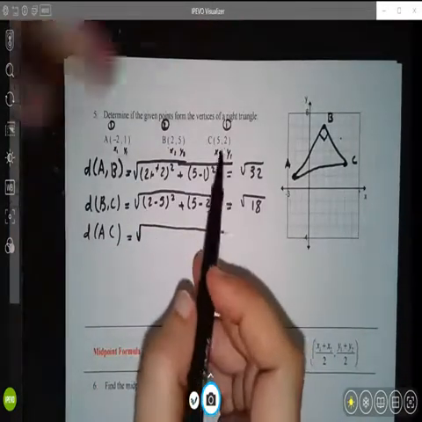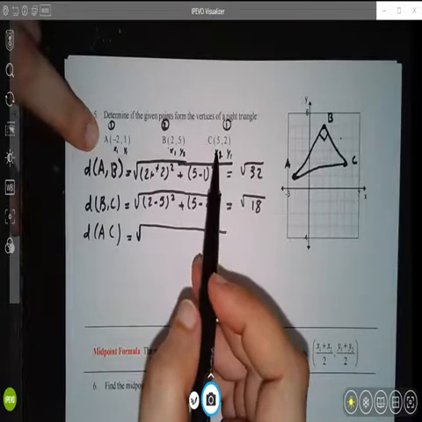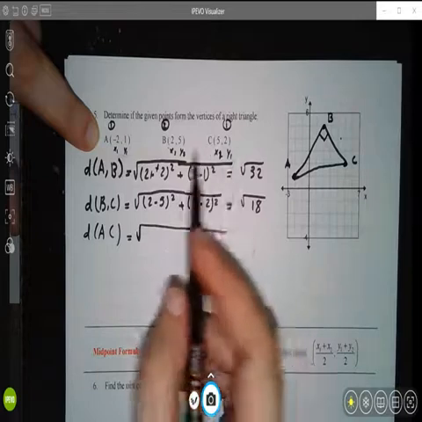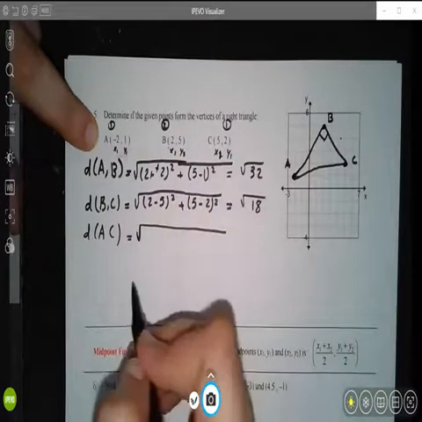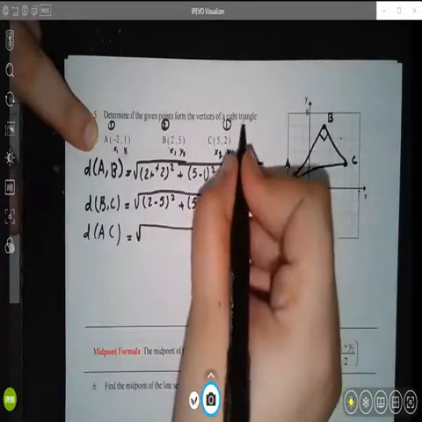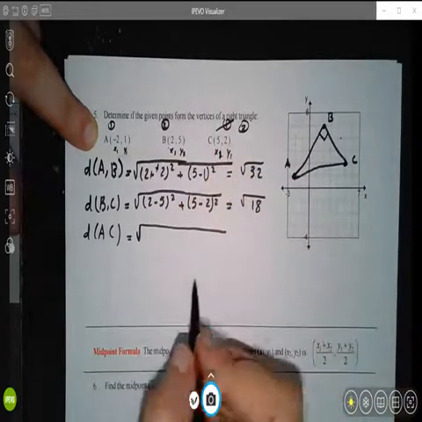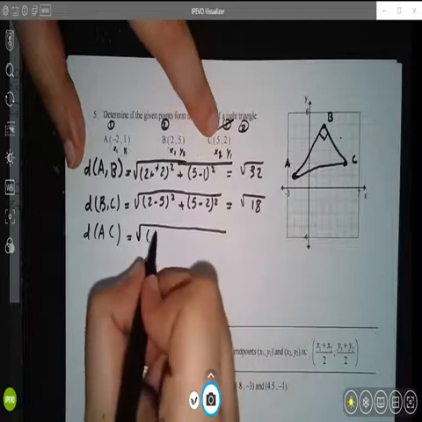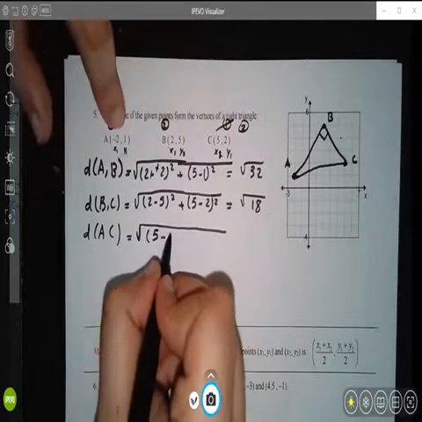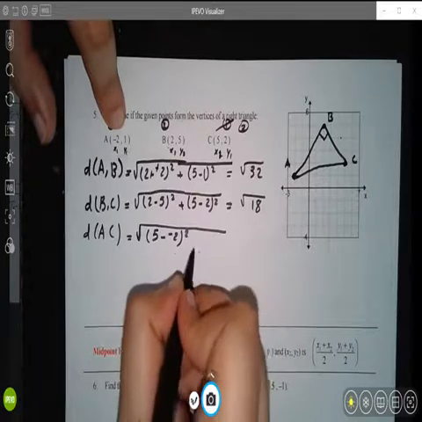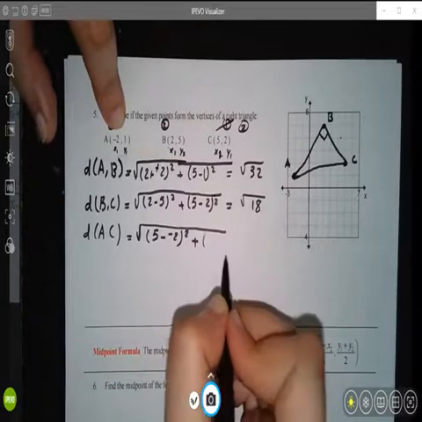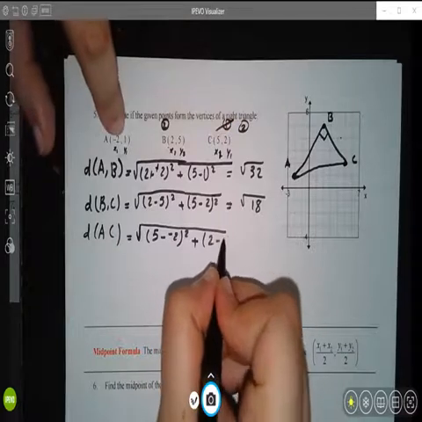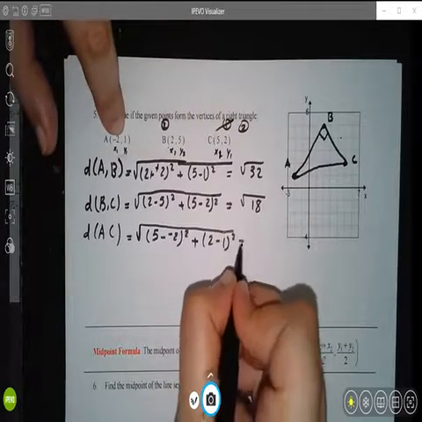Now, I need to choose which one's going to be my first point, and which one's going to be my second point. Again, it doesn't matter which one you choose. So I'm keeping A as 1, and I'm making C number 2. Okay? So we're starting with the values of C. You have 5 minus -2 squared plus 2 minus 1 squared.